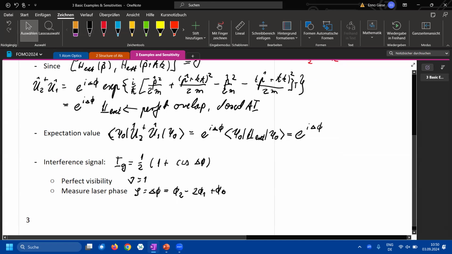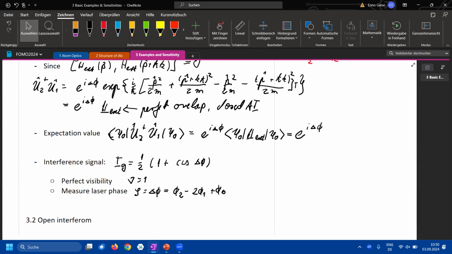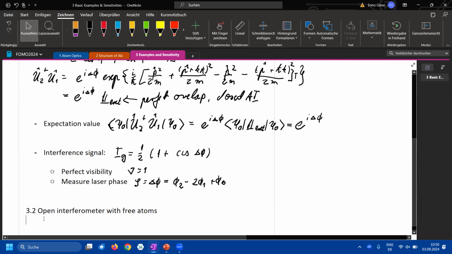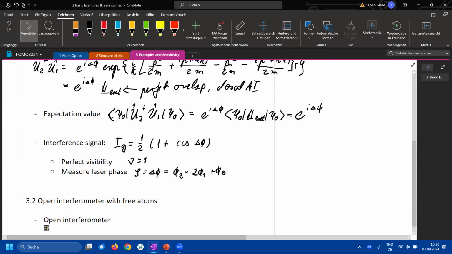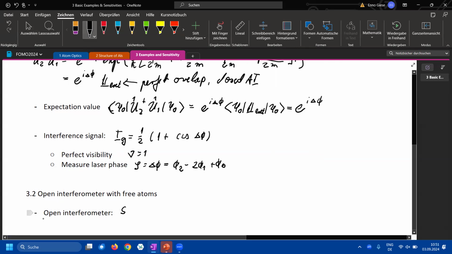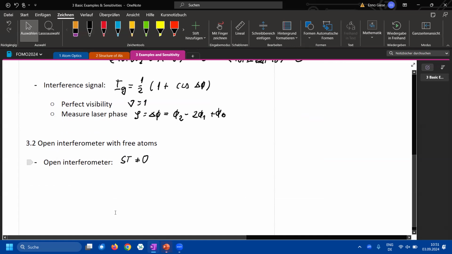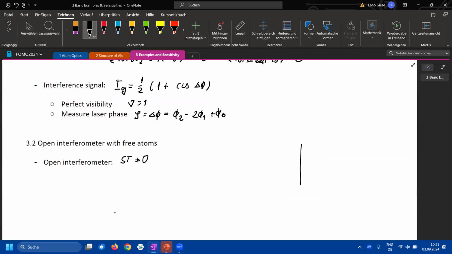And that is the open interferometer. And for that, of course, we still have the same Hamiltonian, so that's great. But we now open the interferometer. And we are going to do that by just choosing delta t not equal to 0. Okay? How would that look? Again, I draw a figure here in space and time.